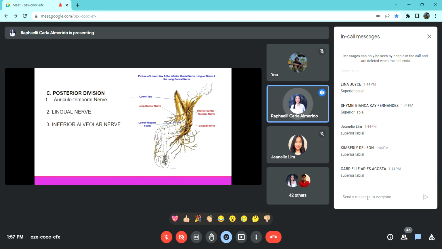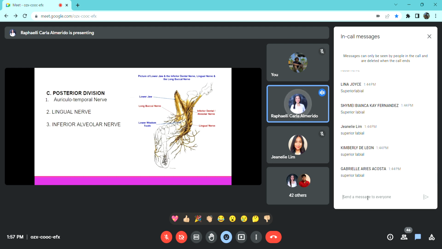We go to the lingual nerve. It innervates or supplies the anterior 2/3 of the tongue. Please take note, not the entire tongue. If we have a quiz and it asks what the lingual nerve innervates, and you answer tongue, that's wrong, because the anterior 1/3 is not included.